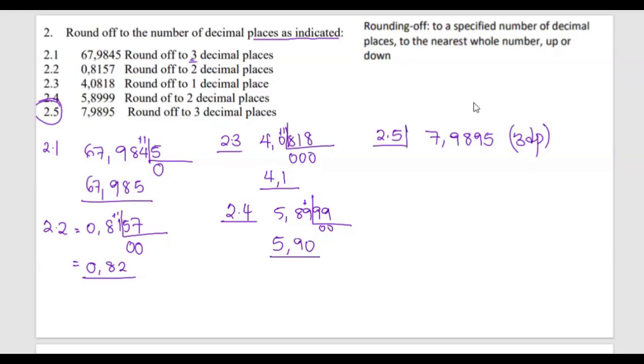So 3 numbers after the comma, the 5 has to go off. So this will become 7,9. Now, if you add 1 onto this 9, it becomes 10, so the number that's going to be there becomes a 0. That's how we do rounding off.